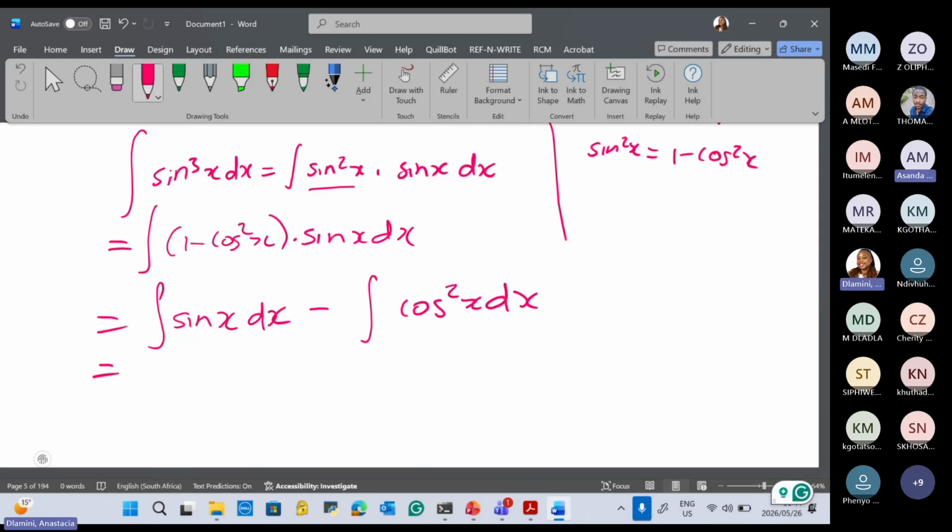So it's minus cos of x. Now, can we integrate this one over here? What is the answer?